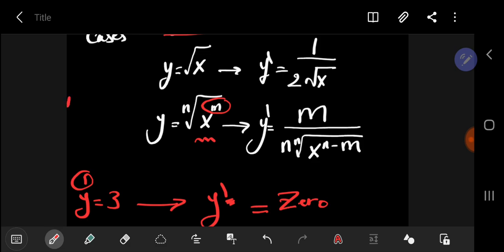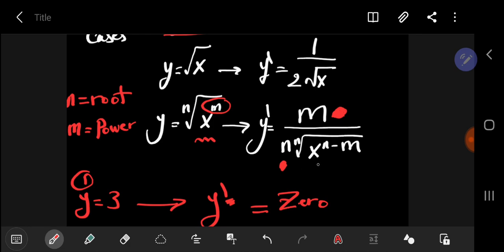Here n equals the root, m equals the power. So its derivative will be the power over the root multiplied by the same root.